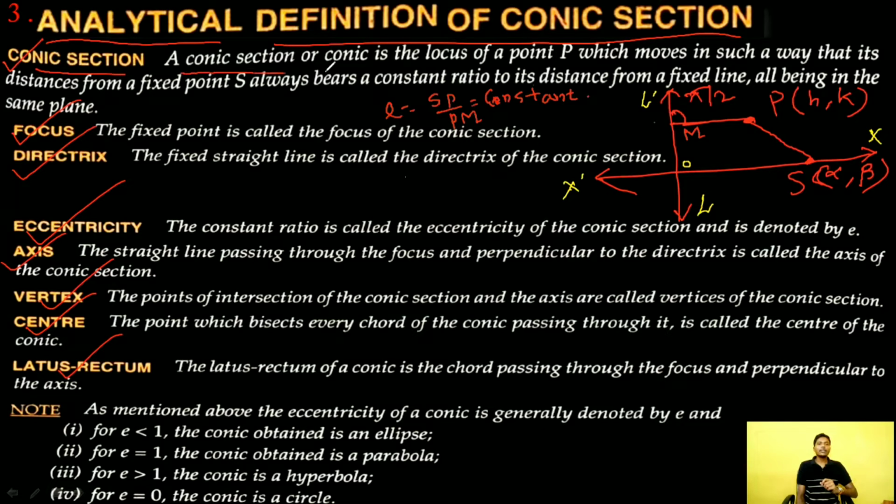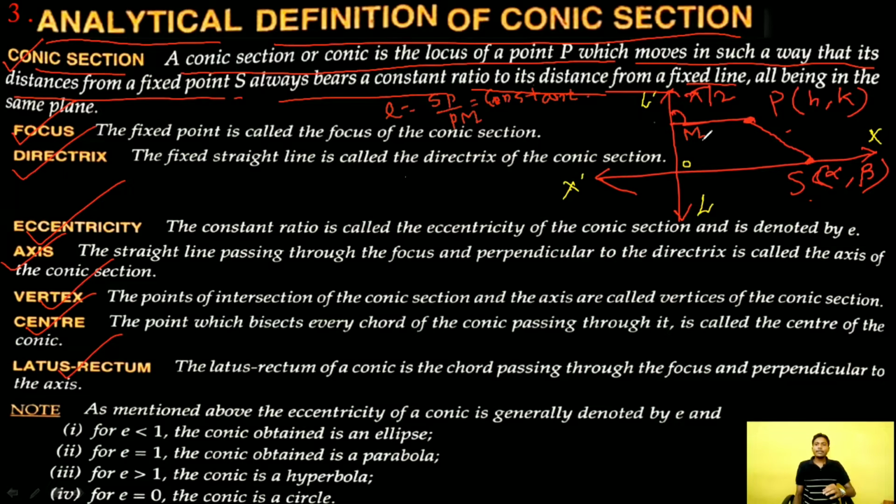A conic section or conic is the locus of a point P which moves in such a way that its distance from a fixed point S always bears a constant ratio to its distance from a fixed line, where the line and this point S are lying on the same plane.